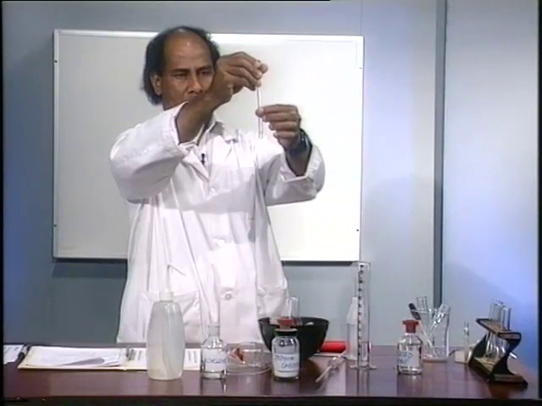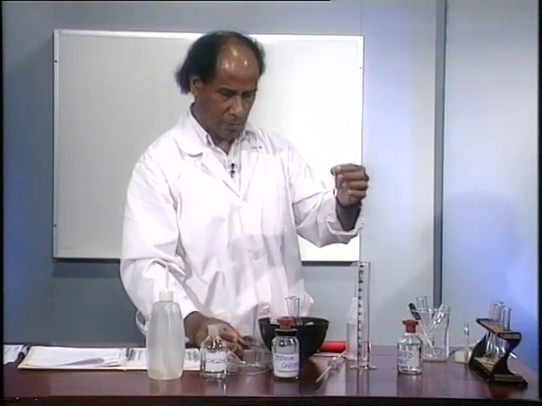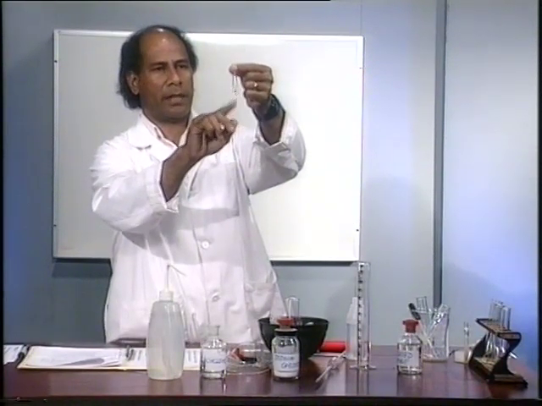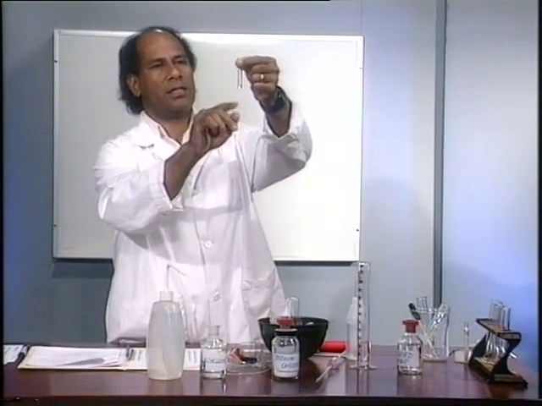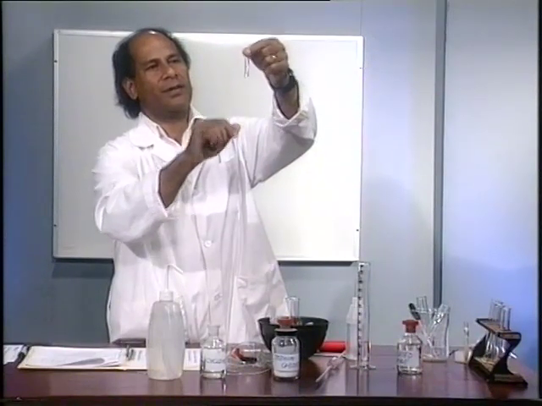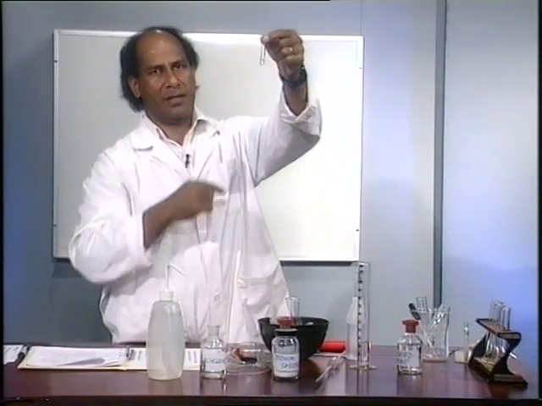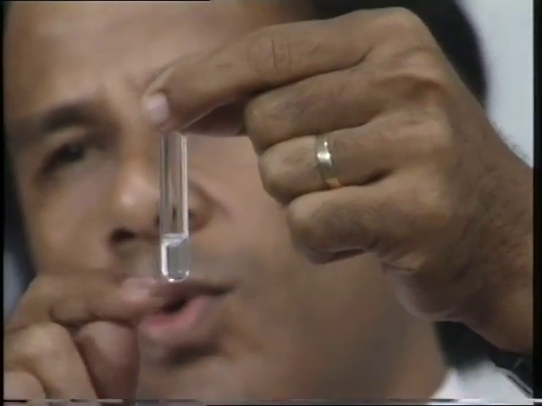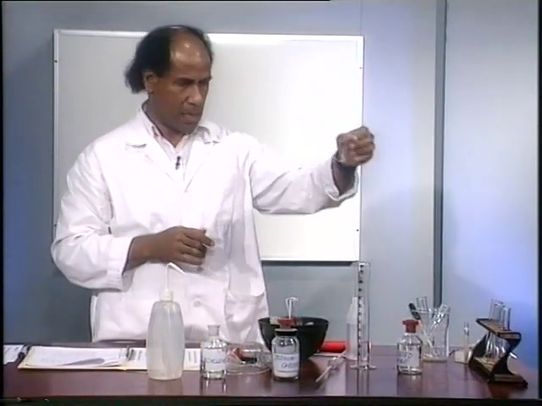Add a few drops, and the same way that you did before, I just tap it like that. Okay, so we can see that we have a layer on top, and that layer won't go away, it remains. So the two liquids in this case are immiscible, cyclohexane and water. So that's how you test the solubility of these substances.